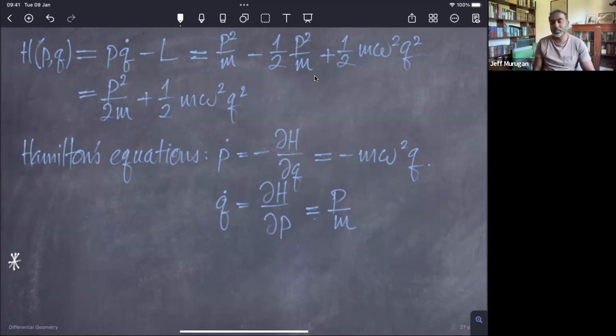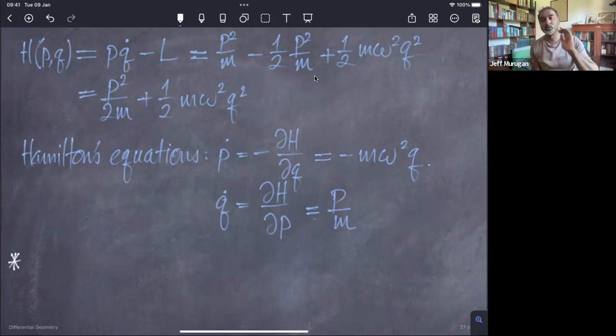So given a system with n degrees of freedom, for example, n oscillators, the phase space of that system is a 2n dimensional space, which consists of the n coordinates that are the generalized coordinates and n coordinates that are the generalized momenta. So in total, giving me 2n coordinates. So it's a 2n dimensional space associated to the system with n degrees of freedom.